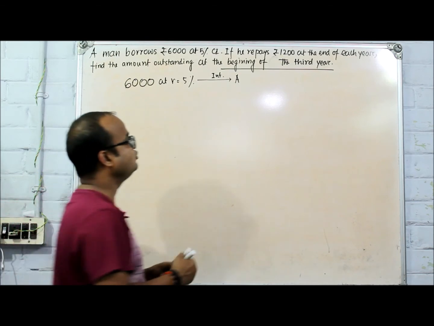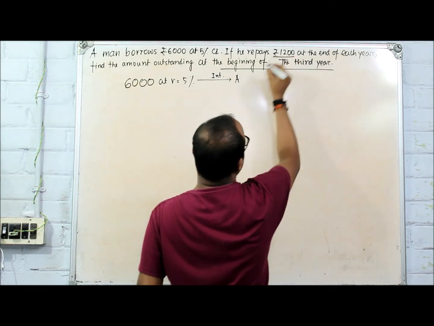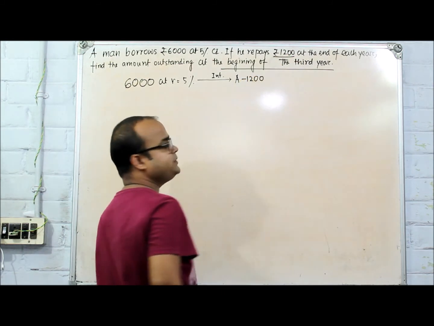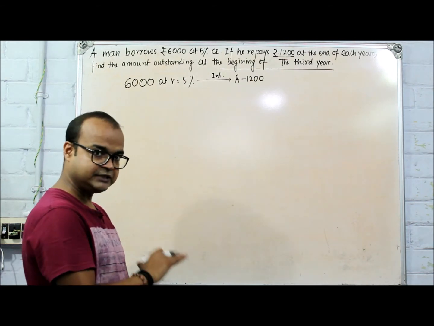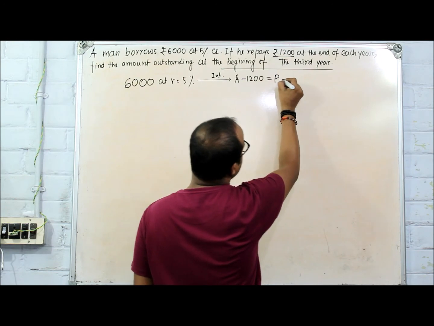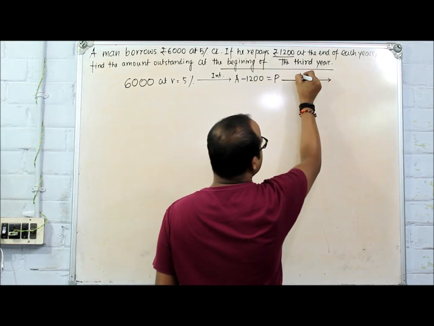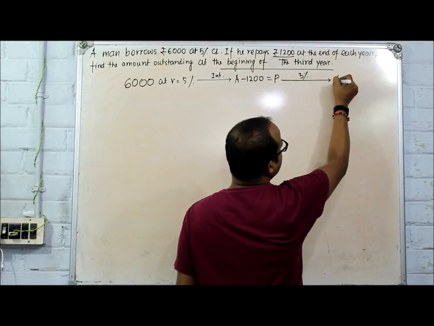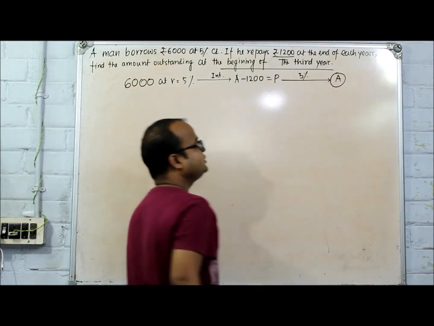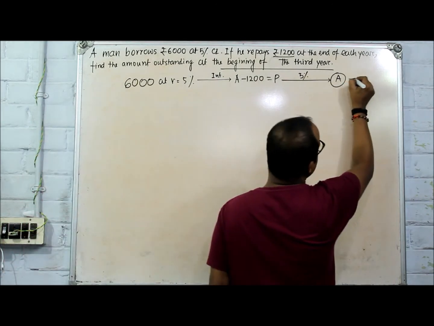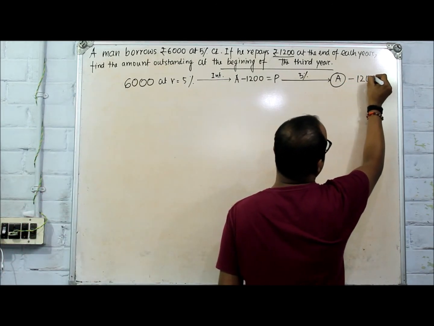From that amount, he only pays 1200 rupees. So we subtract 1200 rupees from the outstanding amount at the end of first year. So that becomes the principal for the next year. Again 5% rate at the end of second year. This will accumulate, or this will become the amount at the end of second year, and again the person is going to pay 1200 rupees.